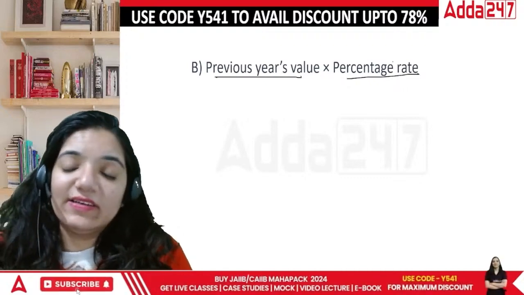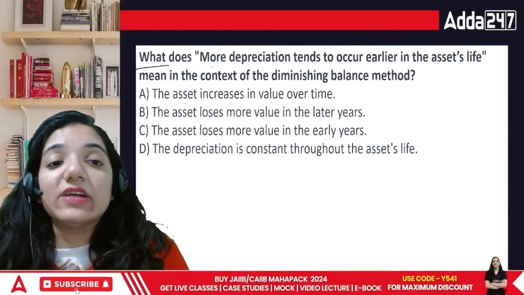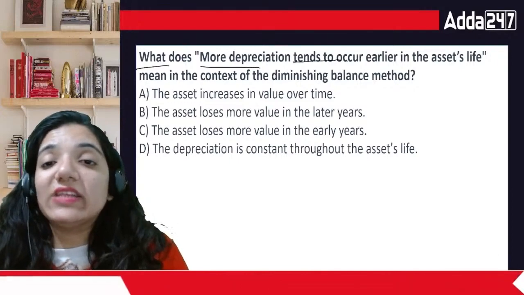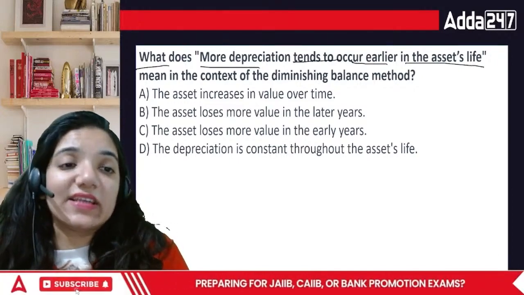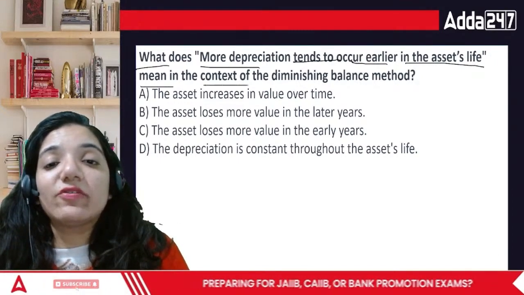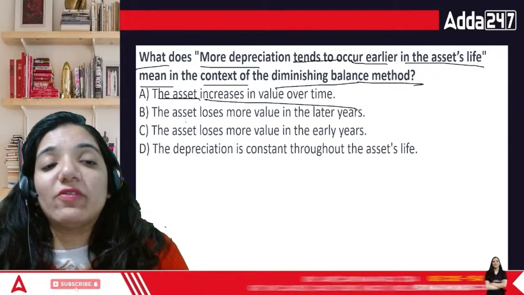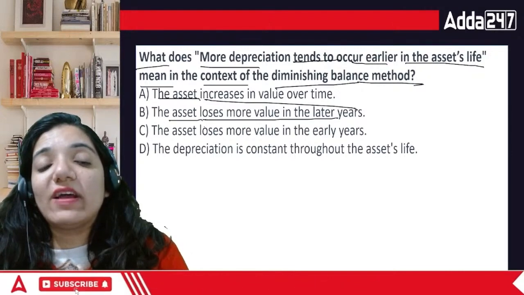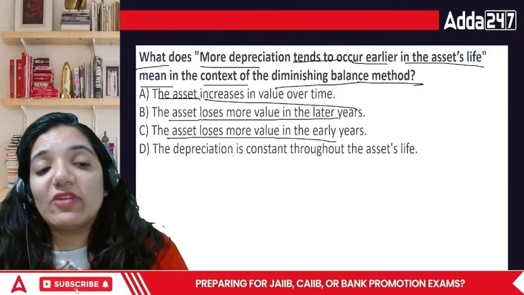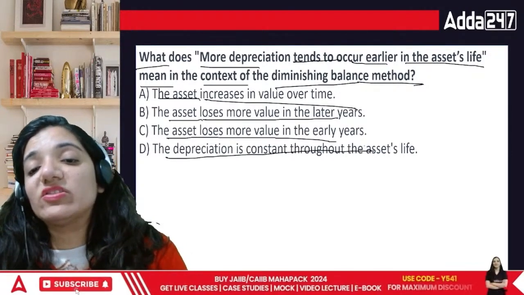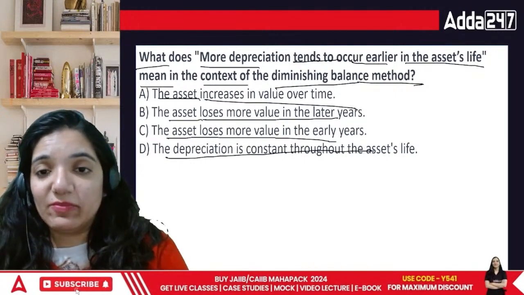Now comes the question: what does more depreciation tends to occur earlier in asset life mean in the context of the diminishing balance method? The asset increases in value over time, the asset loses more value in the later years, the asset loses more value in early years, or depreciation is constant throughout the life of that particular asset.